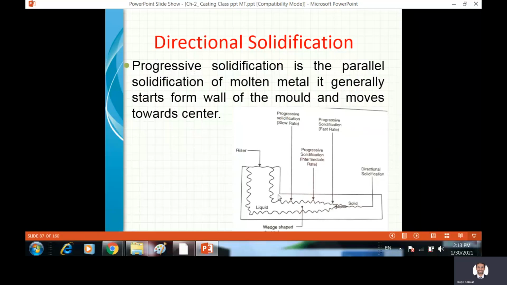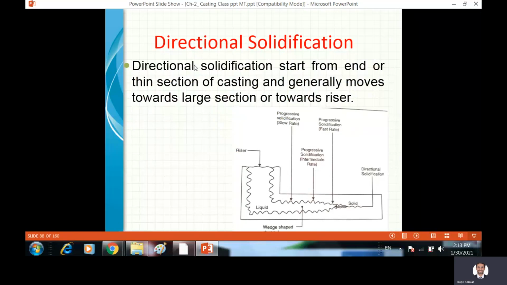This progressive solidification starts from the wall of your mold and moves towards its center. This is your center. So it will start from this boundary and this boundary, and it will go toward the center line. This type of solidification is known as progressive solidification.